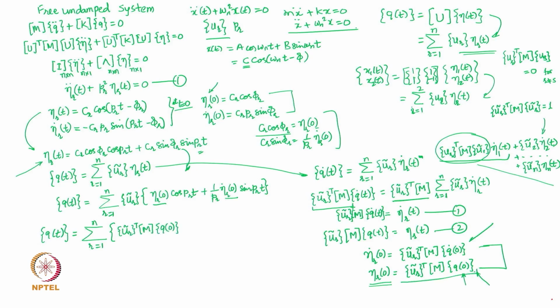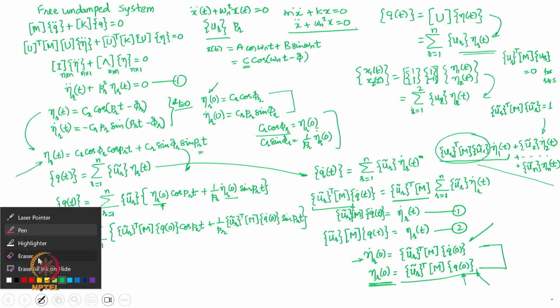This expression is now replacing eta r naught, multiplied by cos pr t plus 1 over pr eta r naught dot, which is ur transpose m q dot at t equal to 0, sin pr t.